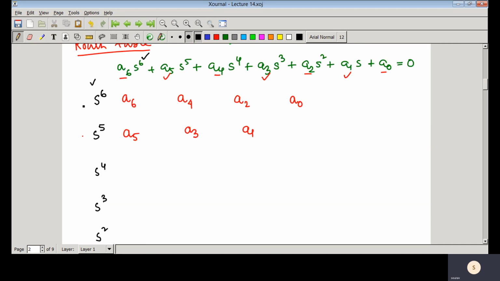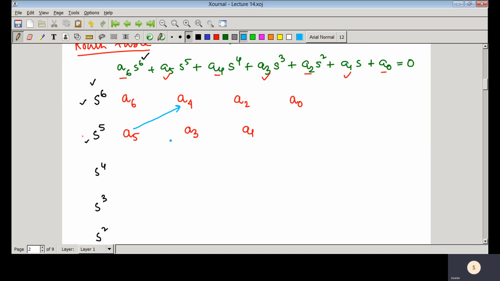Then in the first row we write all the even coefficients, and in the next row all the odd coefficients. Then we follow this particular multiplication method.